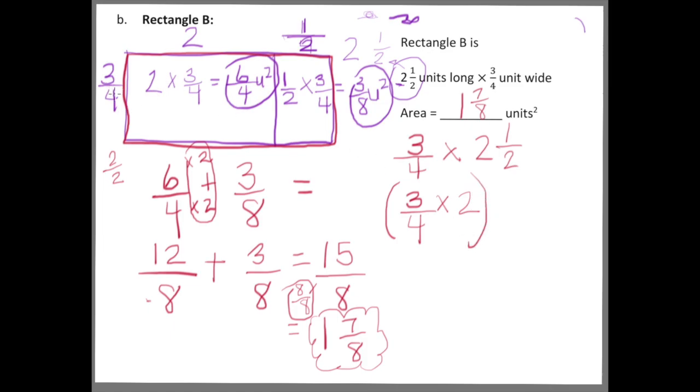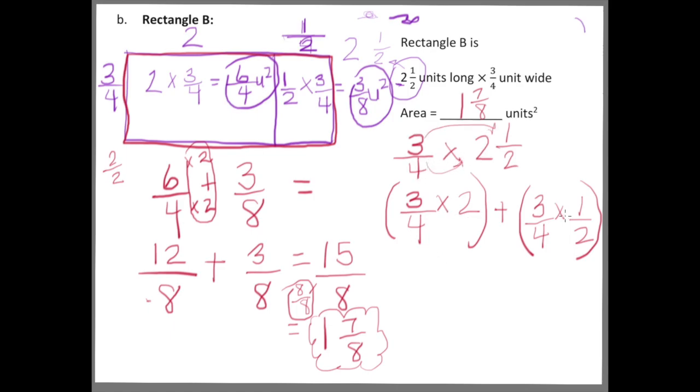We did that over here, 3/4 times 2. It's a partial product, so we're actually going to add that first product with 3/4 times 1/2. So when we're multiplying these mixed numbers, we have to decompose them. So we have 3/4 times 2, okay, and then we have 3/4 times 1/2.